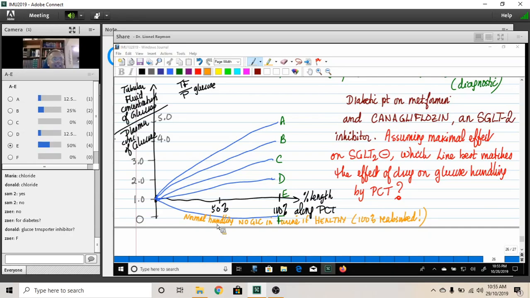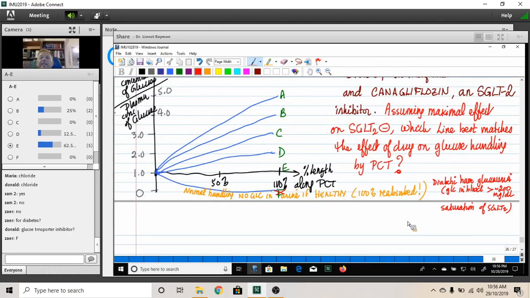So here, there's no way that it's F, because not only do diabetics have glucosuria, as soon as glucose in blood is greater than about 200 milligram per deciliter, you have saturation of SGLT2. And then you have glucosuria.